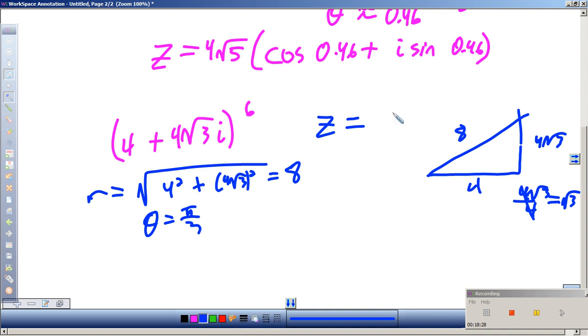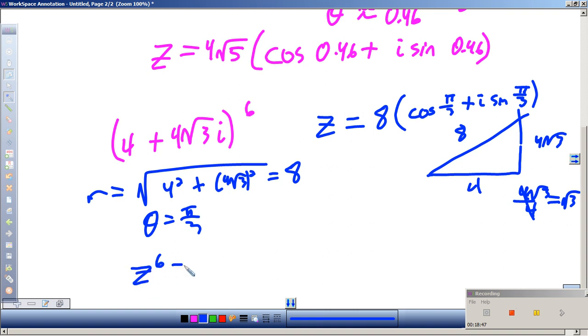Okay, so z is going to be 8 times cosine of pi thirds plus i sine of pi thirds. Now let's use the formula, where n is 6.